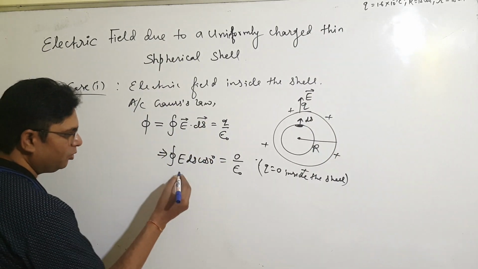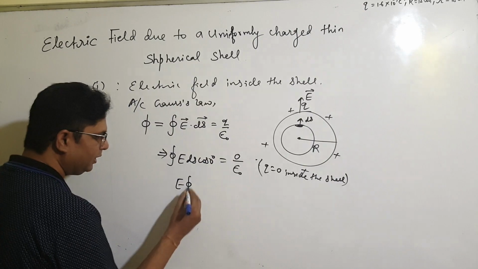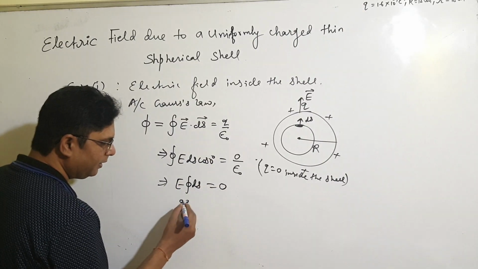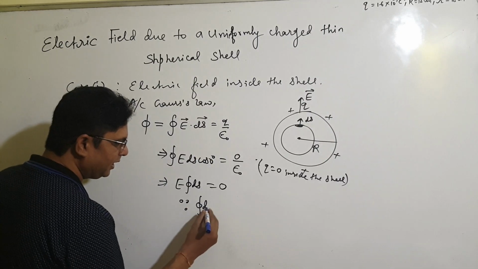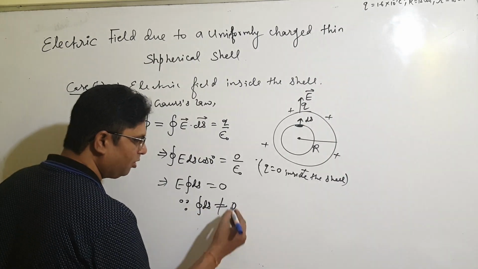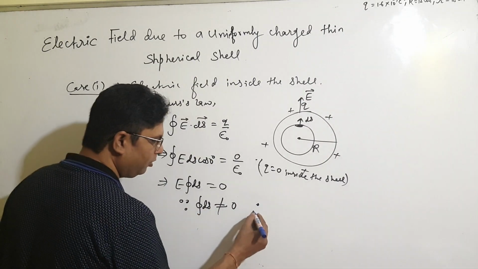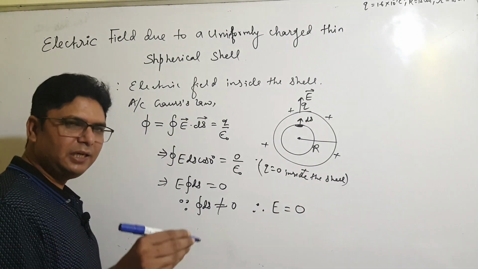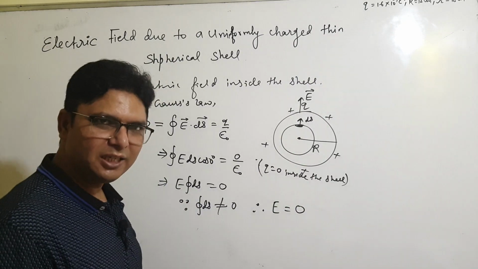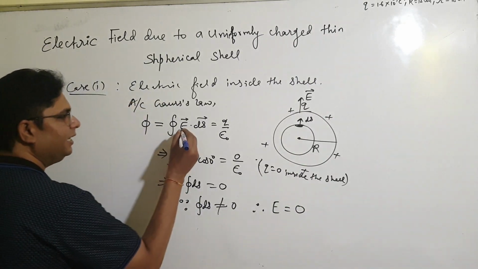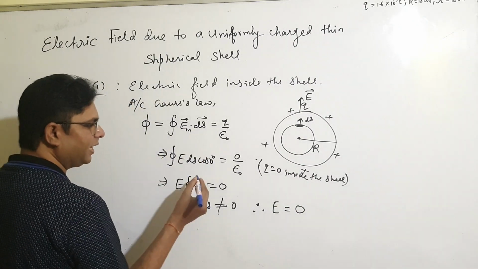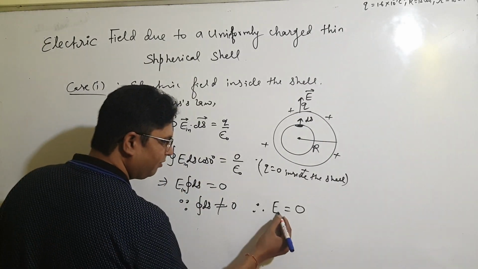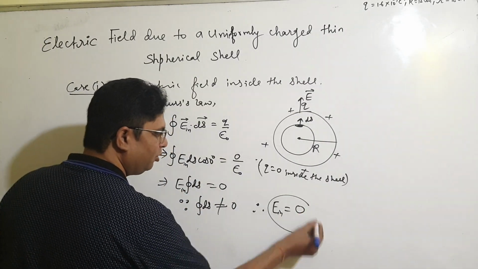So you have E closed integration ds equals 0. Since closed integration ds is a surface integration which cannot be 0, this means the electric field is equal to 0. Thus the electric field inside the charged shell is 0. Here we write I and in for inside.